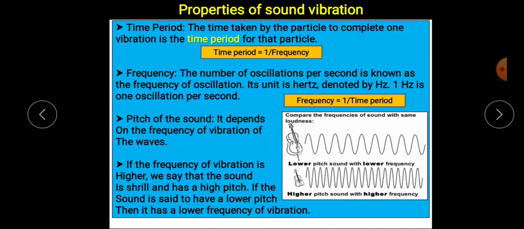That means it is a lower pitch. But if you pluck the strings very hard, then the sound it makes will be more shrill, and it will be said to have a higher pitch sound with higher frequency. Did you understand, children? The more the frequency, the higher the pitch. The less the frequency, the lower the pitch.